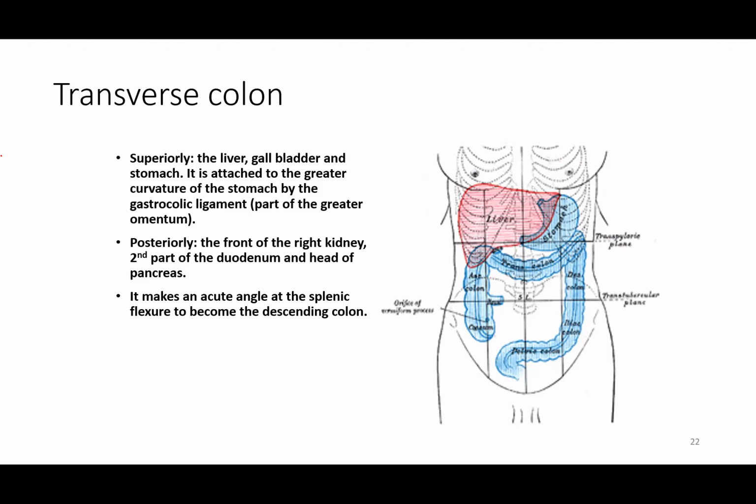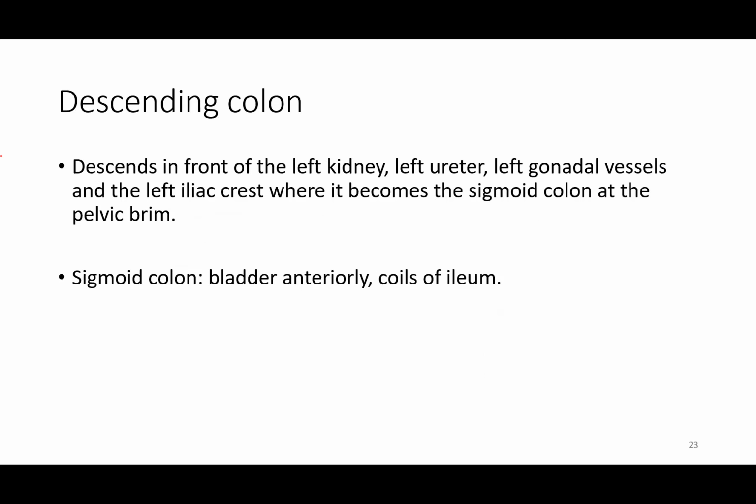Now, posteriorly, in front of the right kidney, second part of the duodenum, and head of the pancreas. That is a posterior relation of the transverse colon. It makes an acute angle at the splenic flexure to become the descending colon.